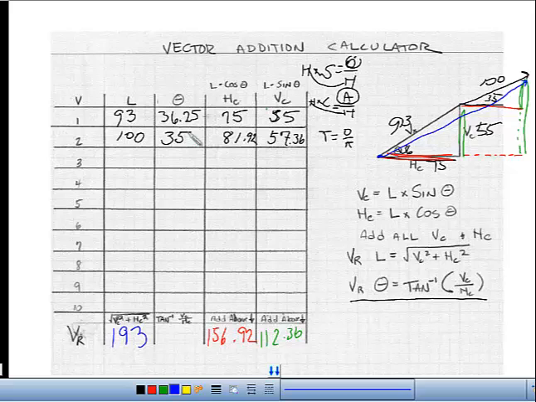Why don't we run a quick arctangent of the opposite, which is 112.36 divided by 156.92, and we come up with about 35.6. Gosh, it's right what we expected. Right in the neighborhood. Drawing yourself a halfway decent scale drawing will help you anticipate what your value should be.